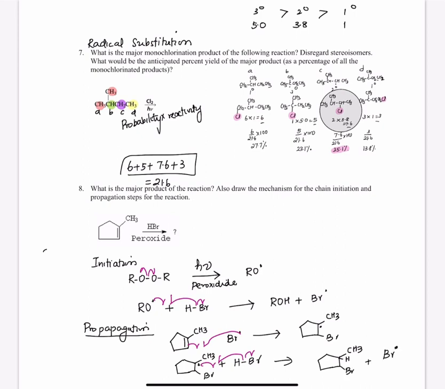This is the second propagation step where you can see that the bromine radical has been generated, which will further go and react with another alkene to produce the alkyl radical and so on, and the reaction keeps going.